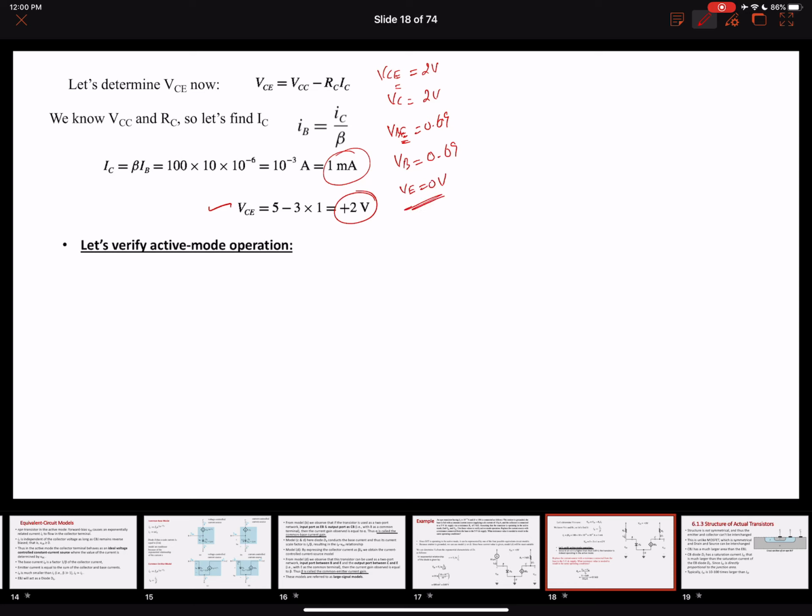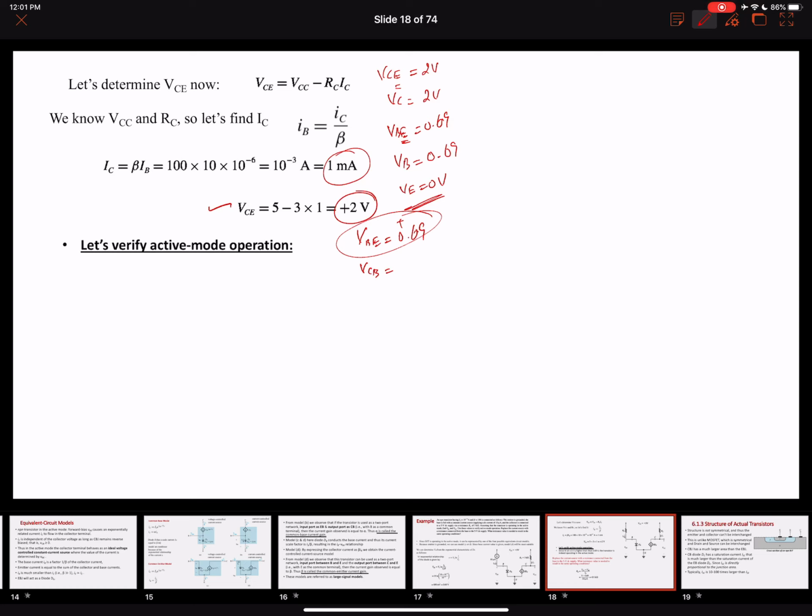Just by looking at all of these voltage values, let's find the value of the emitter to base junction, or VBE. This is 0.69, so this is positive. This means that the emitter to base junction is forward biased. Now let's find out whether the collector to base junction is reverse biased or not, which is VCB.